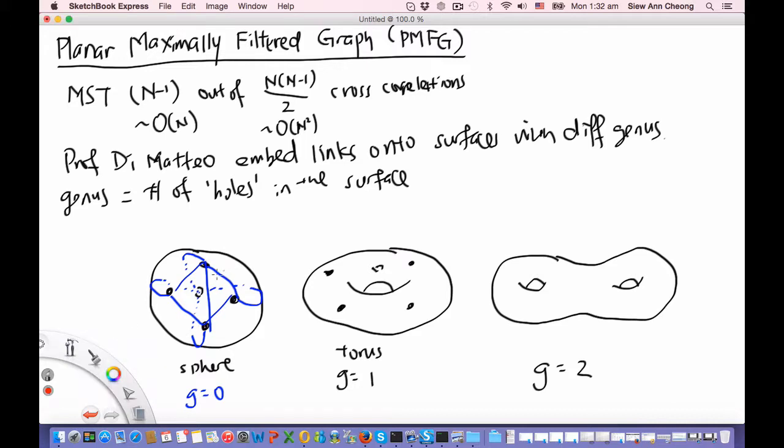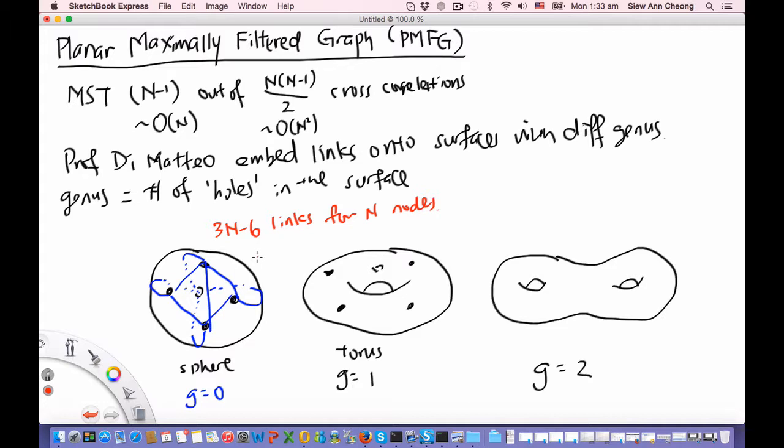Now, for a sphere, you realize that you can actually keep 3n minus 6 links for n nodes. So that is a significant improvement over the minimal spanning tree, where you can only keep n minus 1, and it is still small compared to order n squared because it's only order n. So you keep a small number of links, more than you keep for the MST, but still small compared to the total number of independent cross correlations.